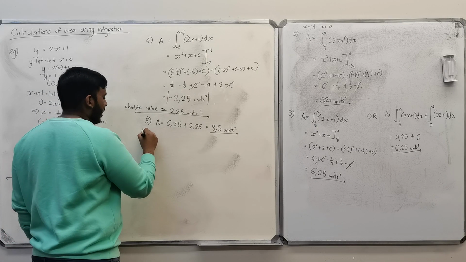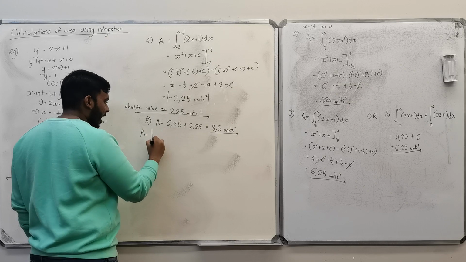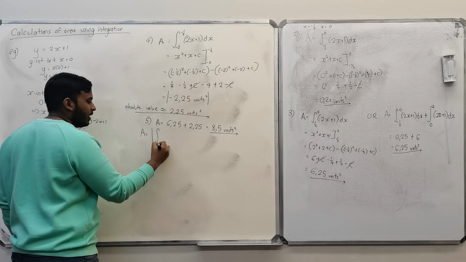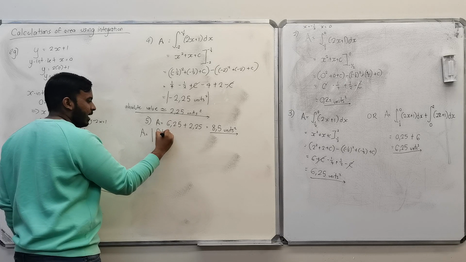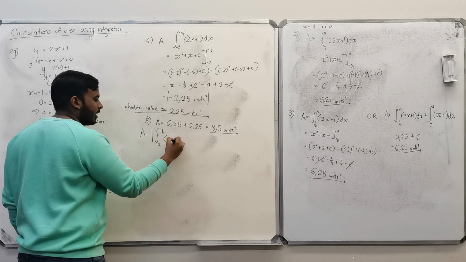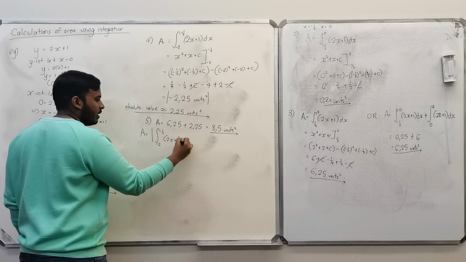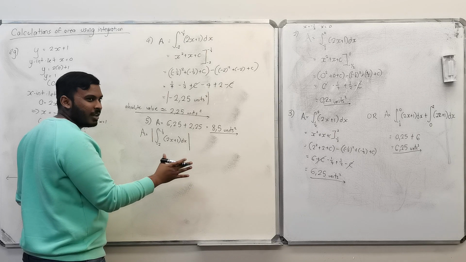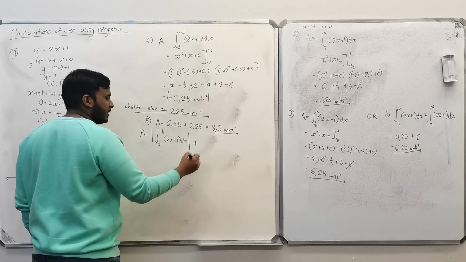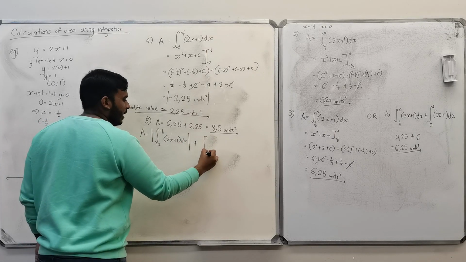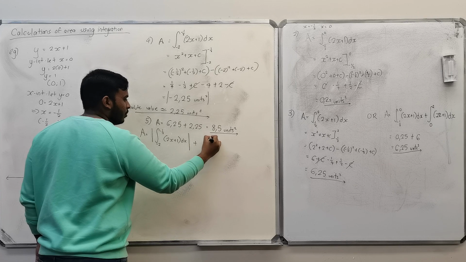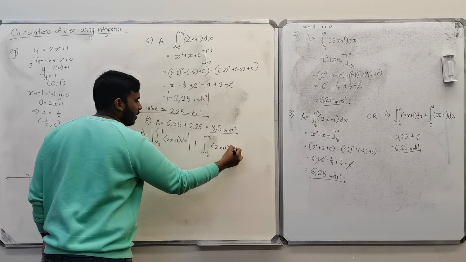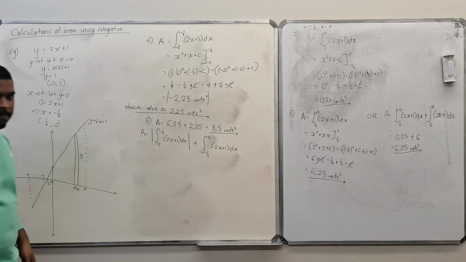So you'll say the area is equal to the absolute value of the integral from minus 2 to minus half of 2x plus 1 dx, right? I know it looks like determinants, but plus the integral from minus half to 2 of 2x plus 1 dx.